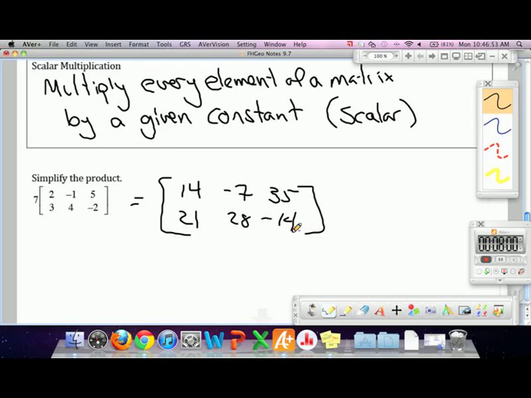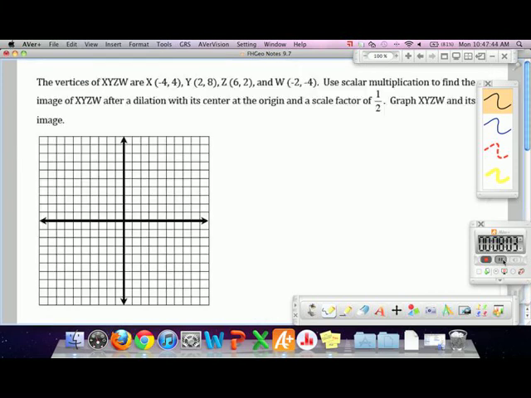Example: the vertices of this quadrilateral X, Y, Z, W are given. Use scalar multiplication to find the image after this dilation, centered at the origin with a scale factor of 1/2. Then graph both the image and the pre-image. First, let's write our quadrilateral as a 2x4 matrix.